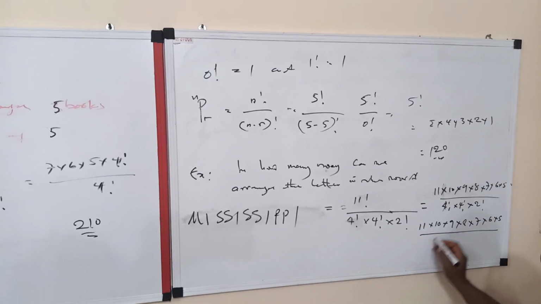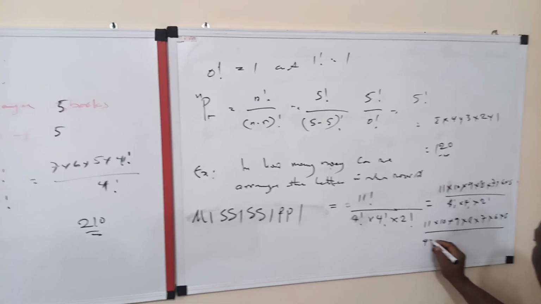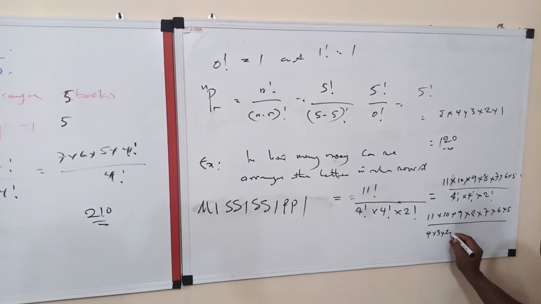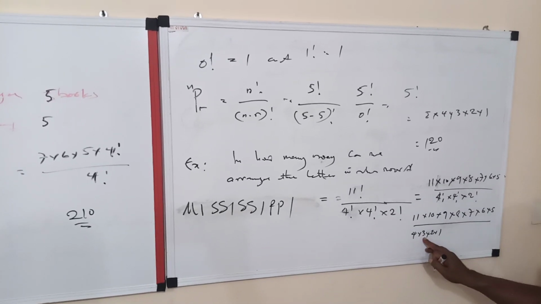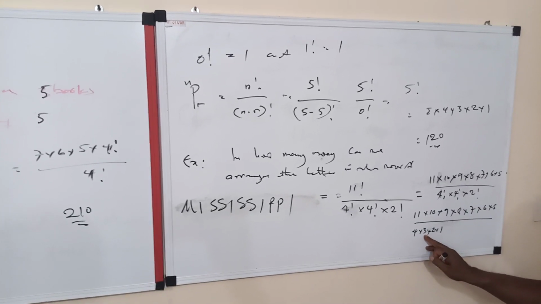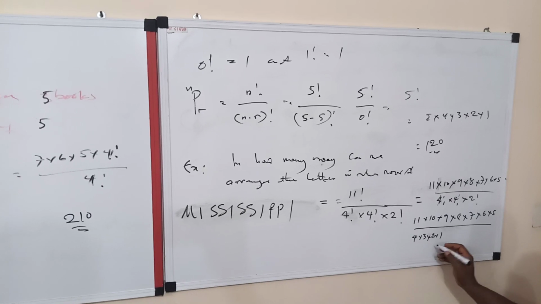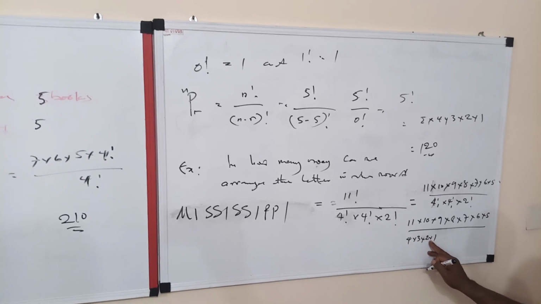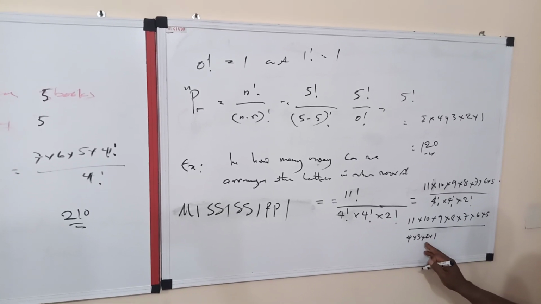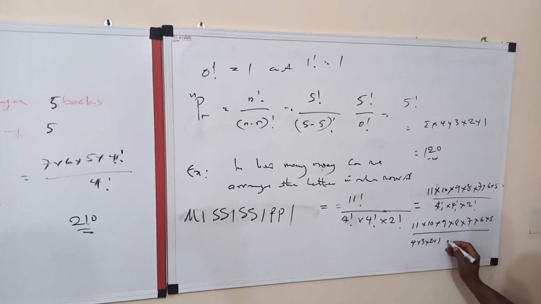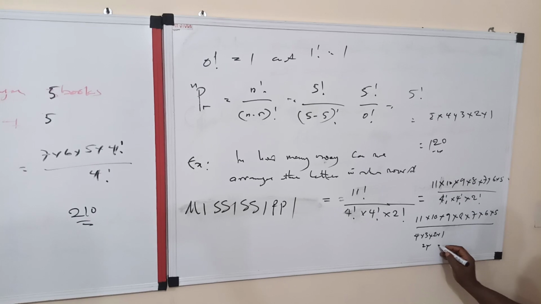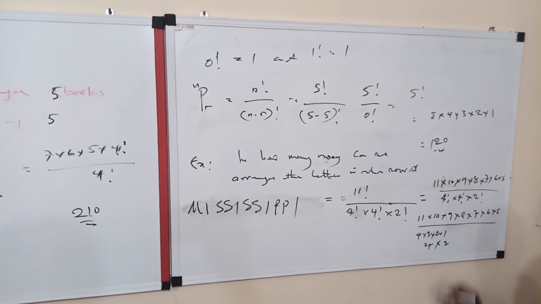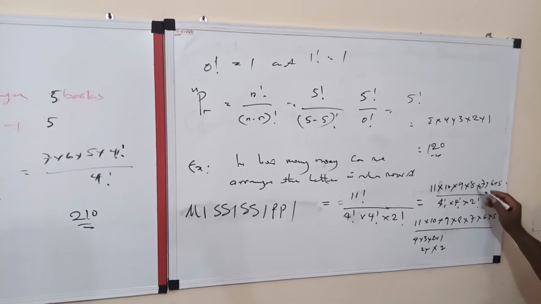Now 4 factorial is the same as 4 times 3 times 2 times 1, which gives us 24. So you can cancel, and on the other side we still have 2 factorial.